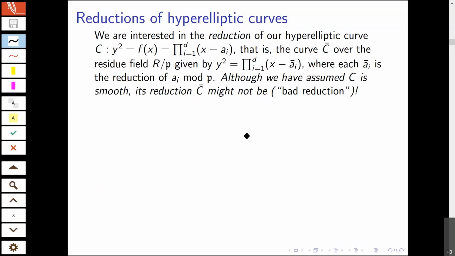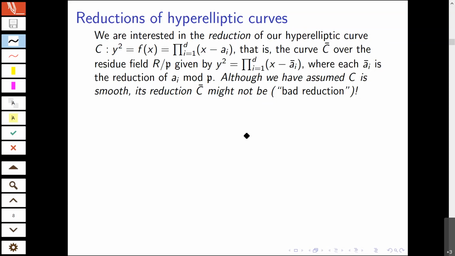And the interesting thing is that although we assumed that our original curve, our upstairs curve, was smooth, and so all the roots of the polynomial are distinct, some of them might be equivalent modulo p, right? And so if they're equivalent modulo p, then the curve defined over the residue field is defined by a polynomial whose roots are the reductions of the a sub i's.